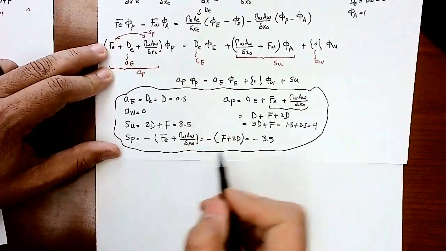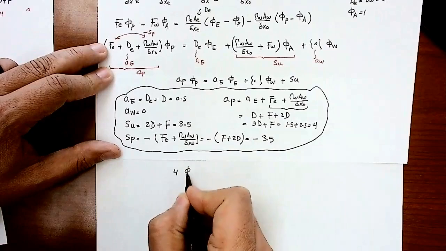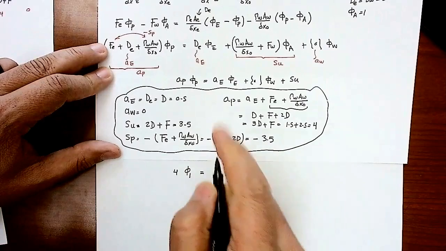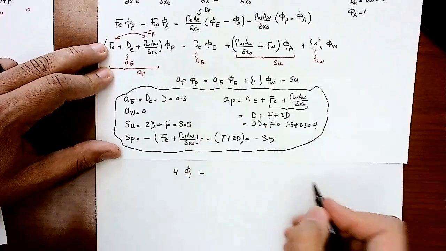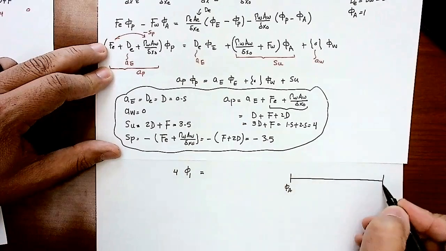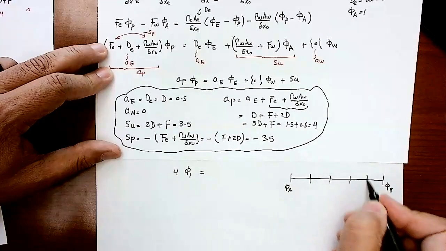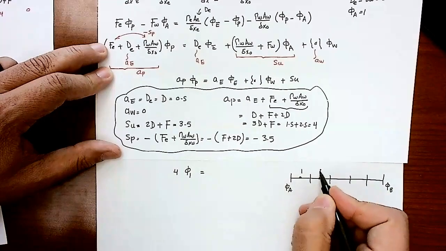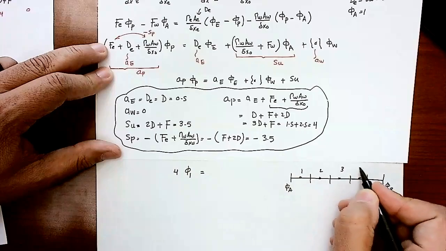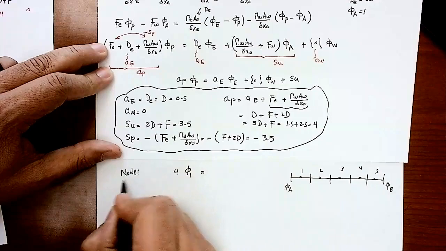So I have AP, which as a value is 4, phi 1 equal to phi east. Remember, the nodes are here. So that's phi A, that's phi B, and these are 1, 2, 3, 4, 5 cells. Node 1, node 2, node 3, node 4, node 5. So I'm writing the equation for node number 1.